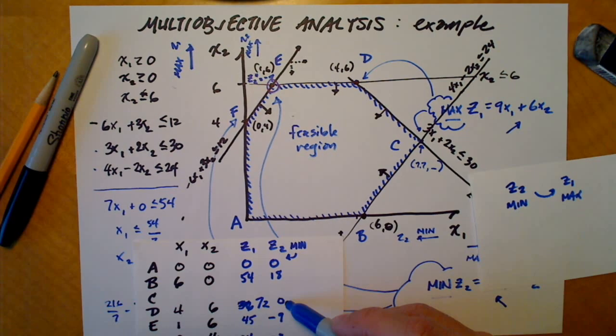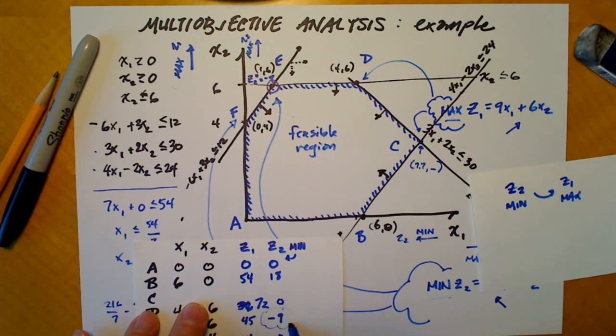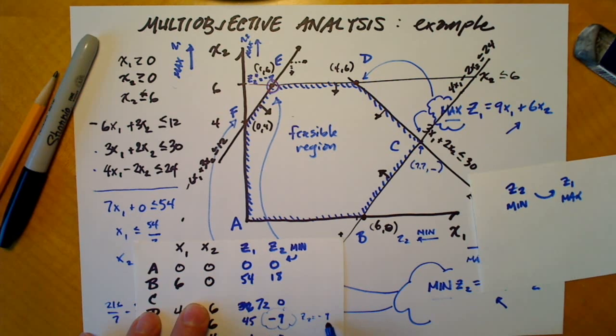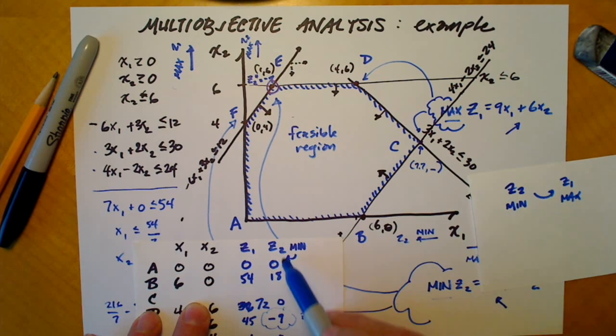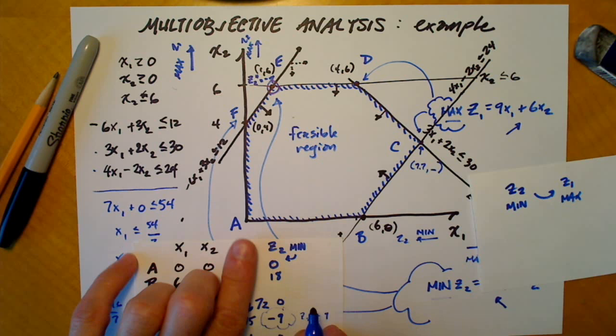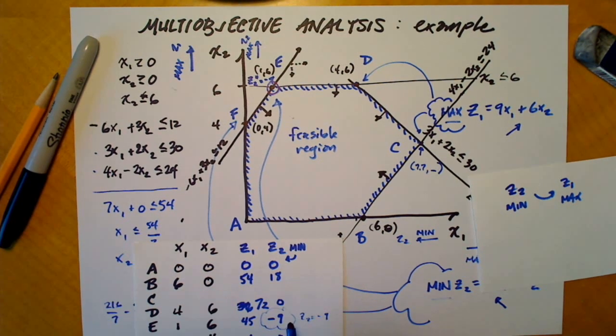The answer is no, because once we accept that Z2 equals -9 as a constraint, none of the other solutions from the perspective of Z2 are adequate. They're all dominated, if we were just looking at Z2, by this superior solution.